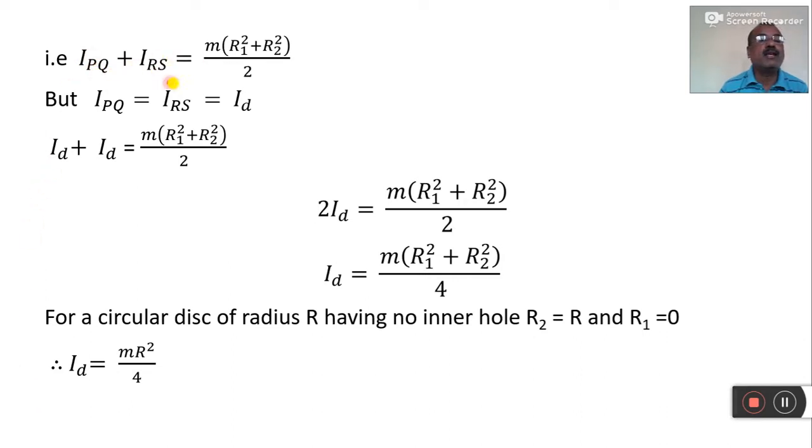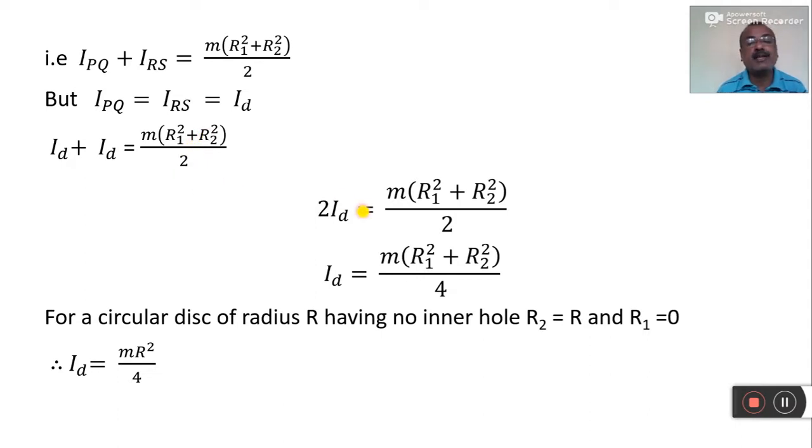I_PQ is equal to I_RS, and the sum is m into R1 squared plus R2 squared divided by 2, but I_PQ is equal to I_RS is equal to I_D. Therefore, I_D plus I_D is equal to m into R1 squared plus R2 squared divided by 2.